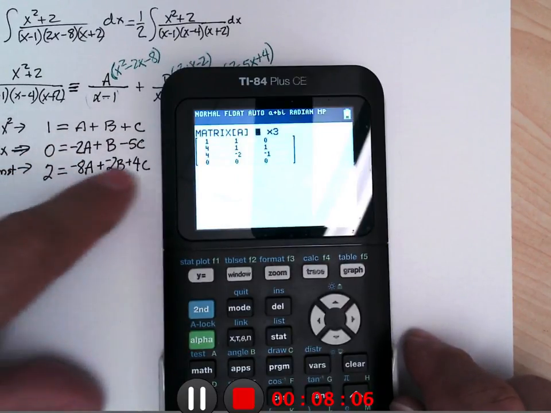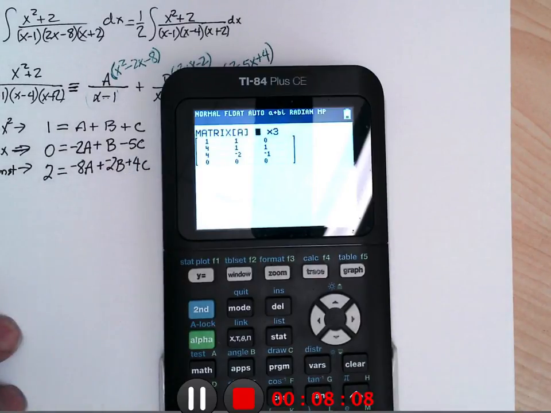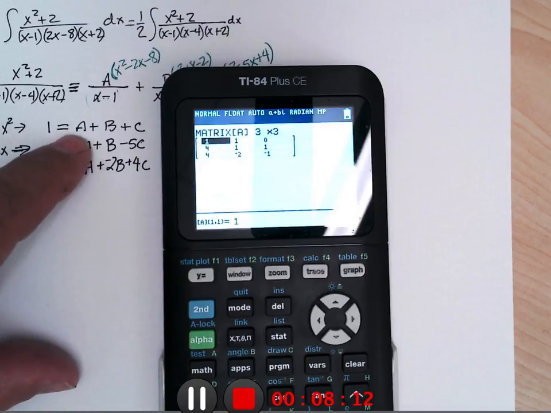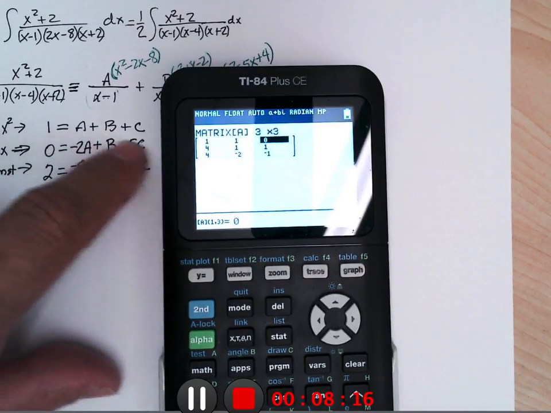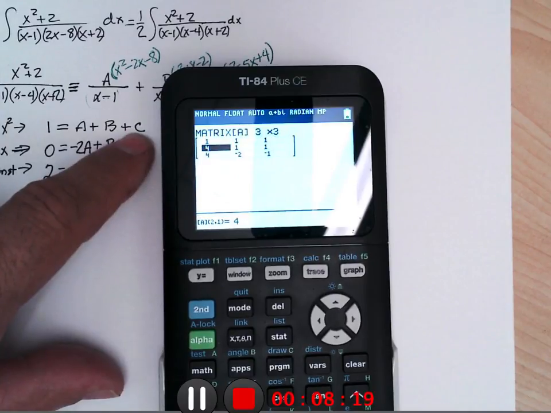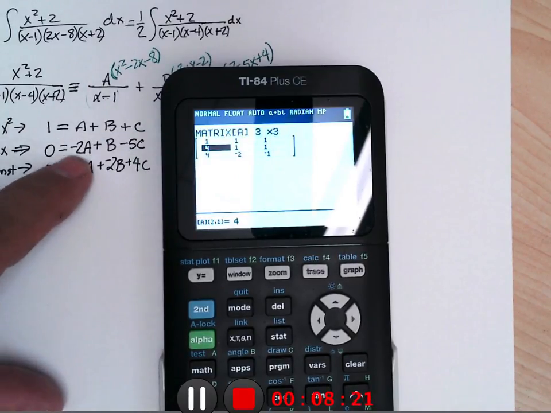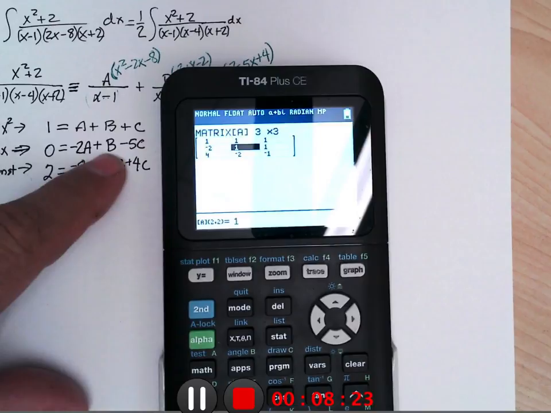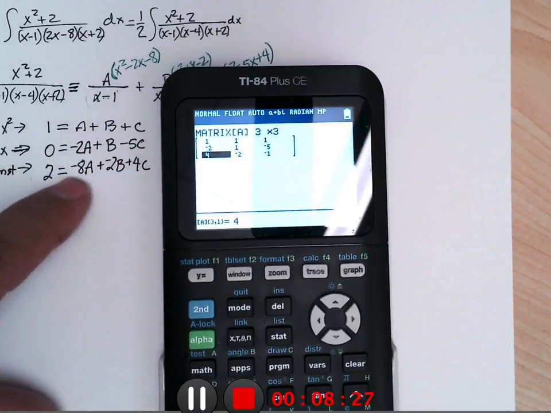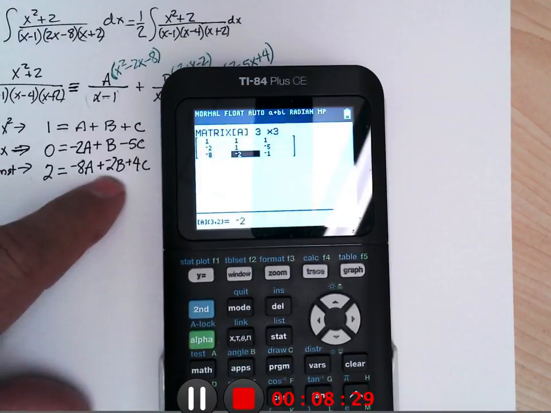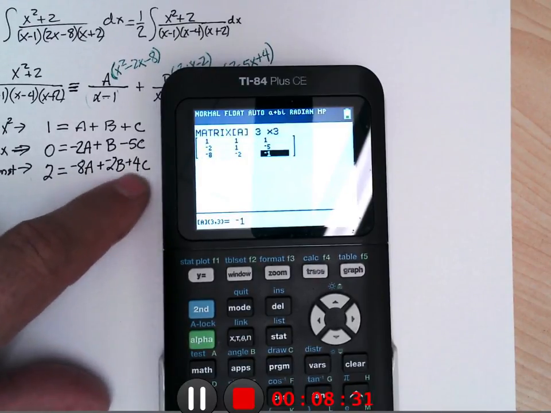So it's 3, enter, 3, enter, and I put in 1a in the first equation, 1b, enter, and 1c, enter. Then I put in minus 2, 1, negative 5, and in the next line negative 8, negative 2, 4, and I've got A in.